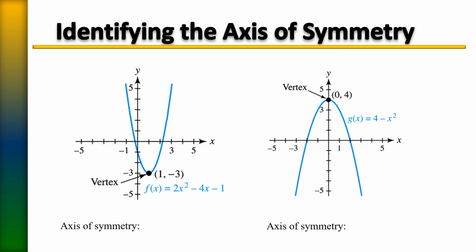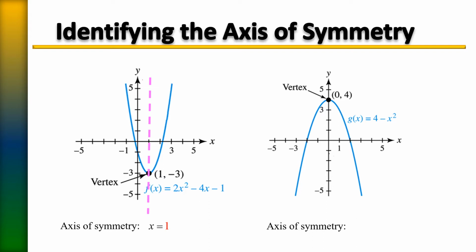So let's take a look at the first example. We want to know the axis of symmetry. If we visualize that vertical line going right through the parabola, it goes through 1. To write that line in equation form, the axis of symmetry would be x equals 1, meaning it is a line passing through the x-axis at 1, and you have to actually state the line.